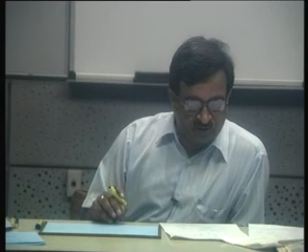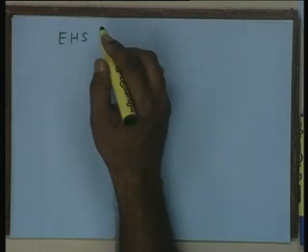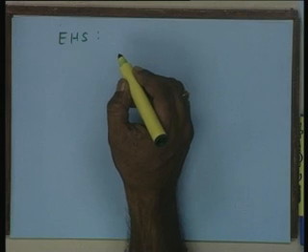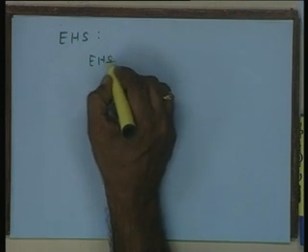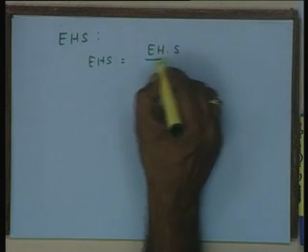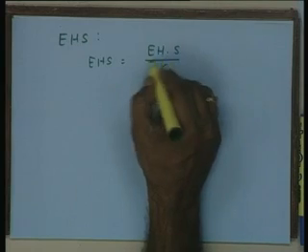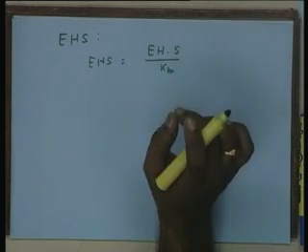Let us consider the first one, the interaction of EH with the substrate: the concentration of EHS will be equal to EH into S upon Km. I am omitting the parentheses to denote concentration; essentially, these terms represent concentrations.